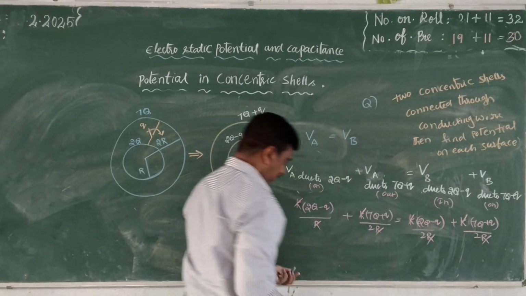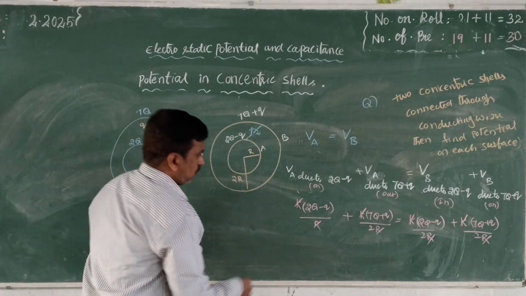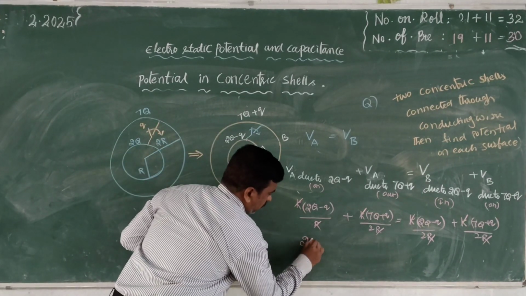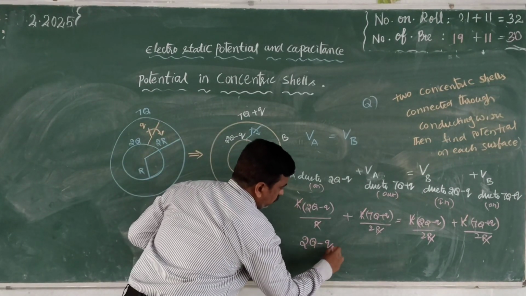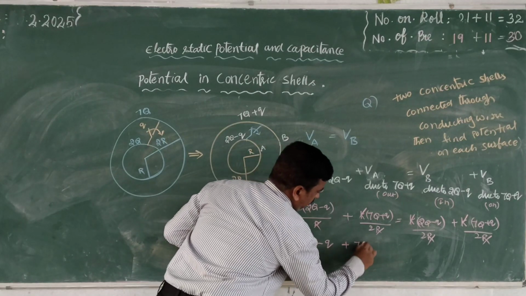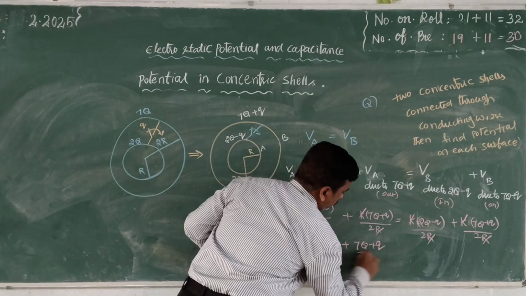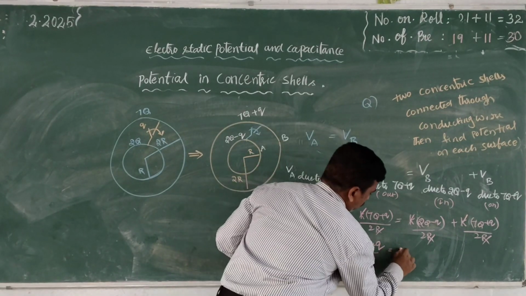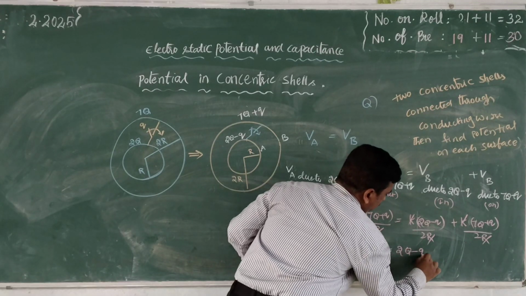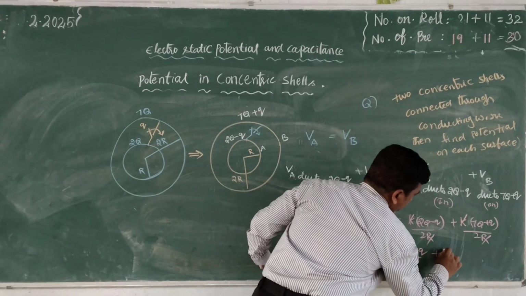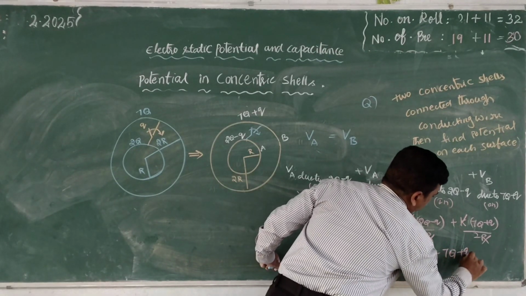Now we have (2q − q) plus (7q + q) by 2, equal to (2q − q) by 2 plus (7q + q) by 2.